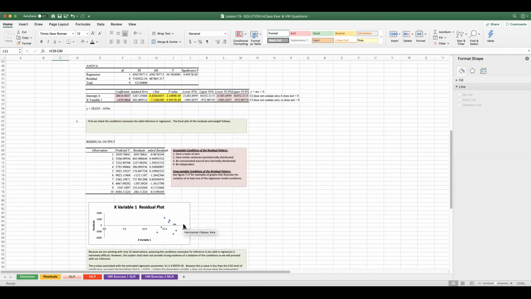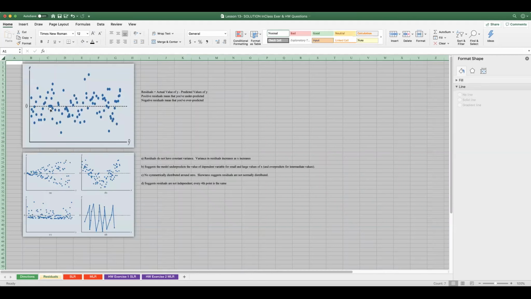Unfortunately, we only have 10 data points here, so it's not really helpful for me to explain what you're looking for. So what I've done is I've added a tab. Let's take a look at this. So if I had a ton of data points, which I'd really like at least 30 to be able to use the residuals effectively, I'd need at least 30. If I could get more than that, I'd take it.